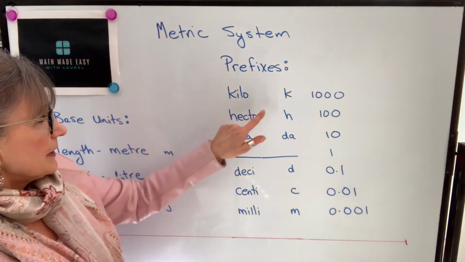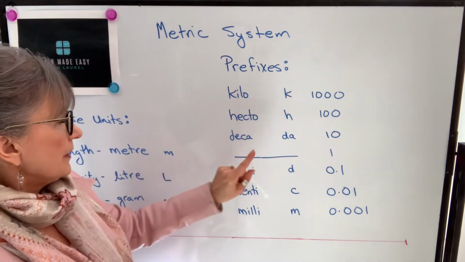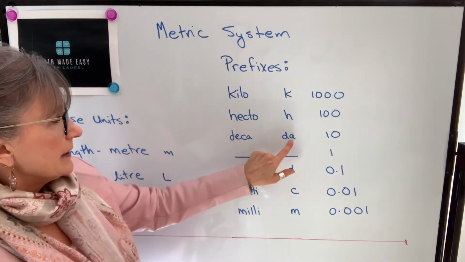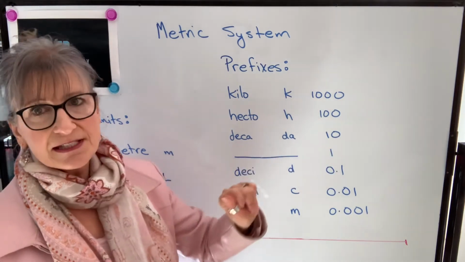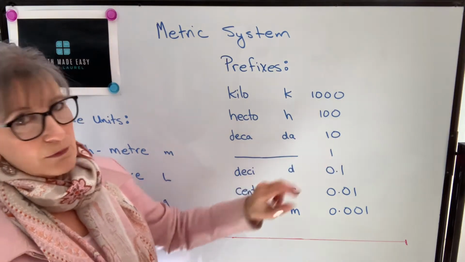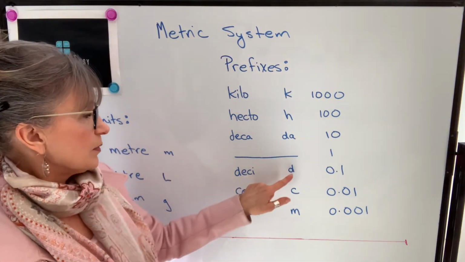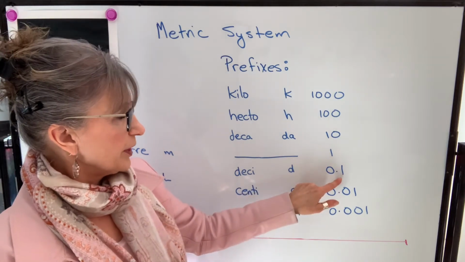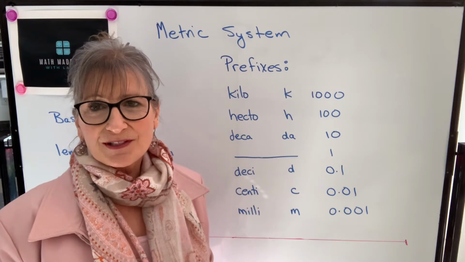Then there's hecto, which has a symbol of small h, value of 100. Deca, symbol is 2 letters, small d, small a, and its value is 10. Then we have our base unit, which has a value of 1. Then we have deci, symbol is small d, value is 0.1, or 1/10, but we don't use fractions with the metric system.